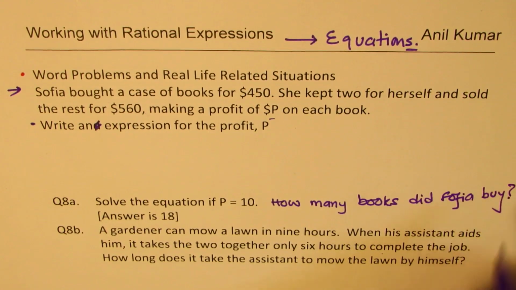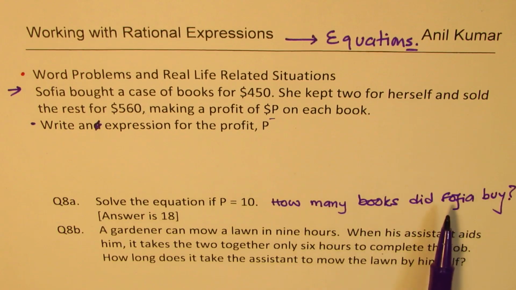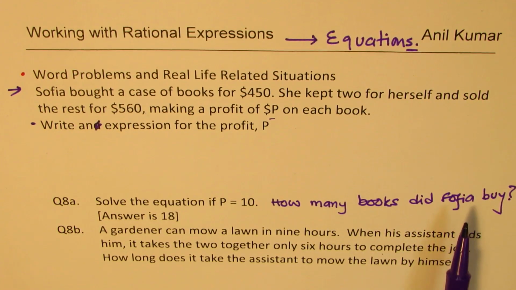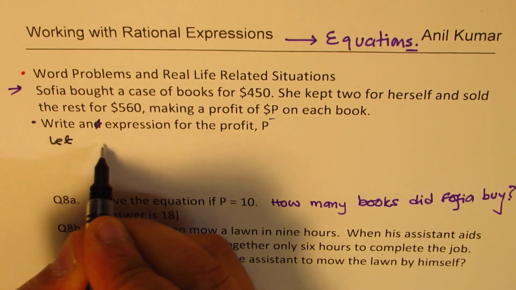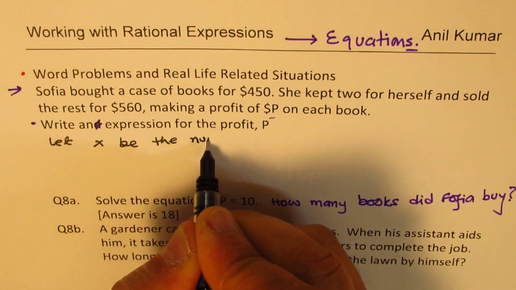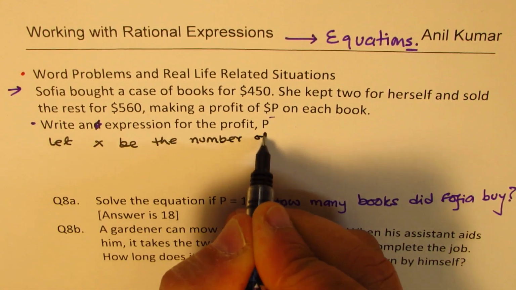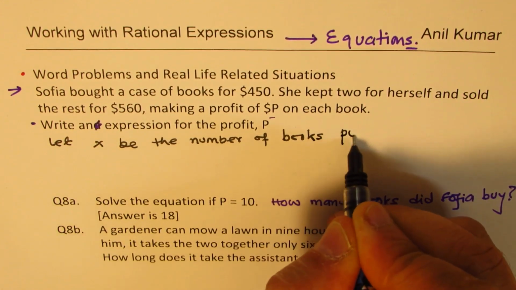Okay. So that should have been the question, correct. So I was just trying to figure out this. So what we don't know is the number of books, right? So that is what it is. So let's try to answer this question, right? So we say let X be the number of books purchased.